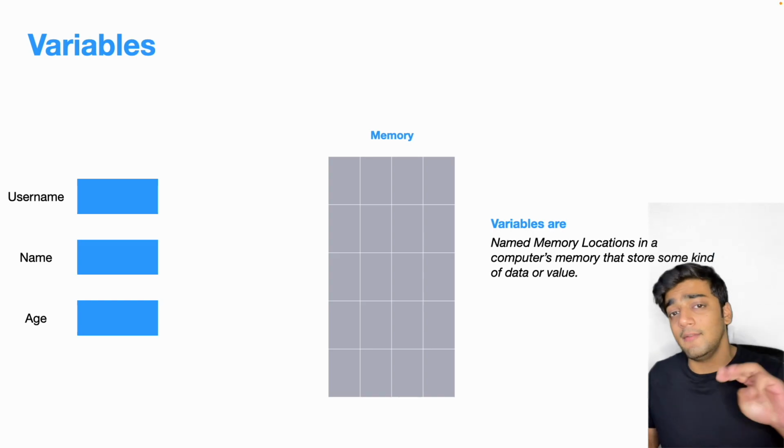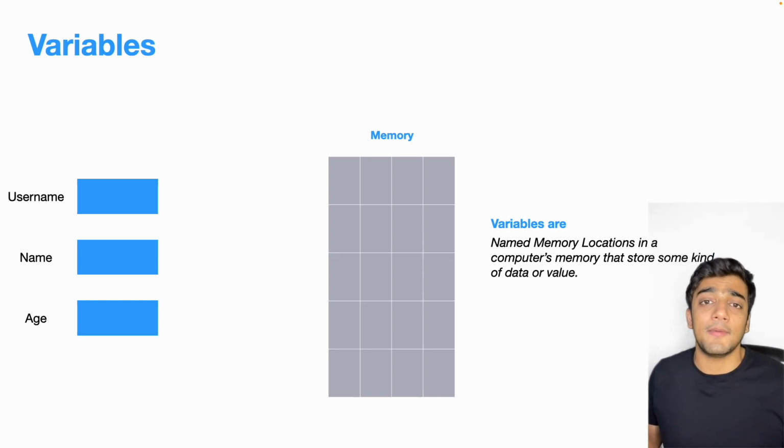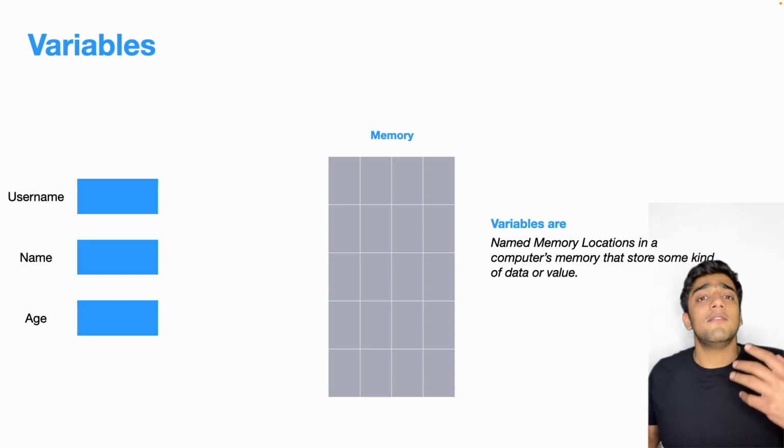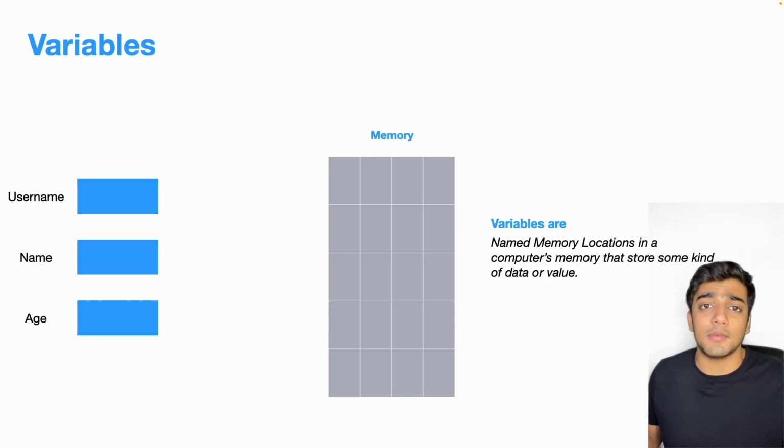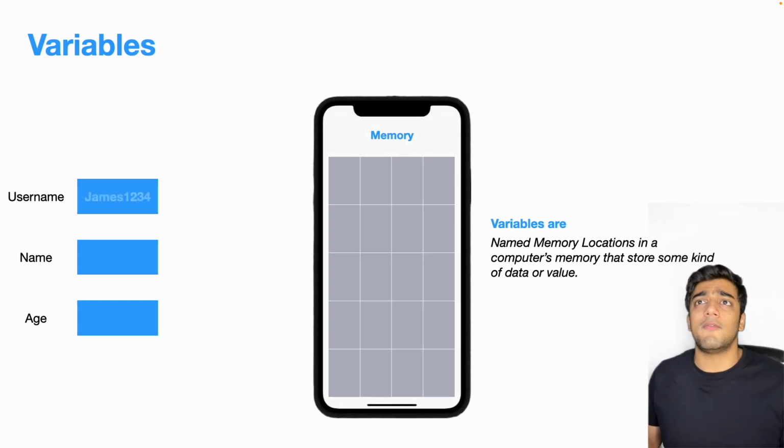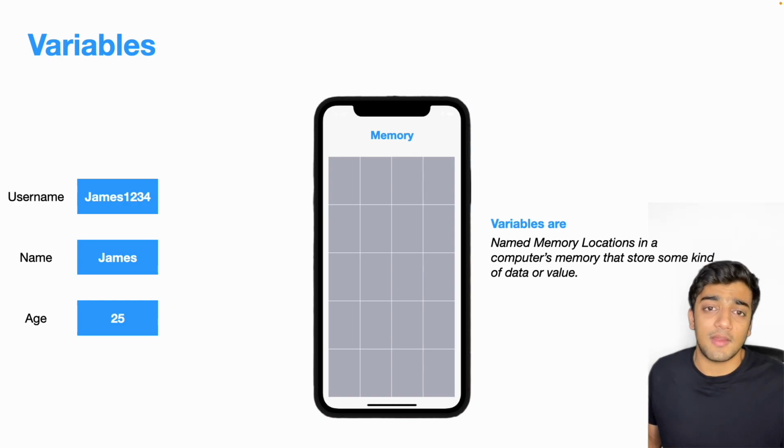So we've created three variables for these three things that belong to our user. Now we add values to these variables. For the username, we give a value that says James1234. For the name, we give a value that just says James. And for the age, we give a number which is 25.